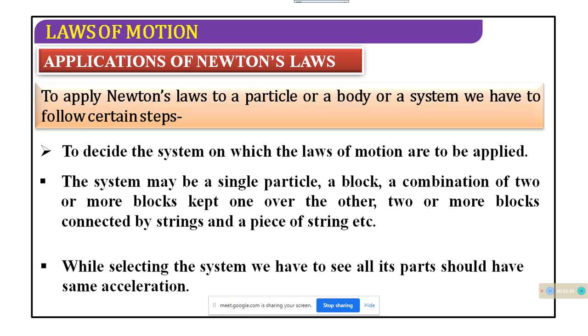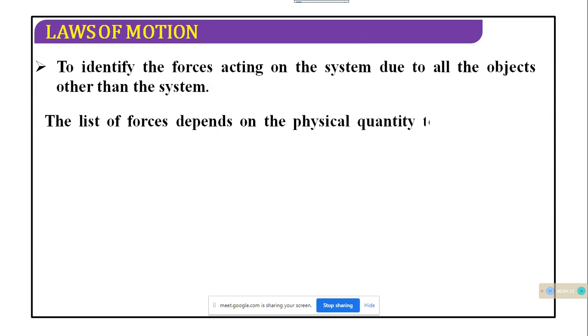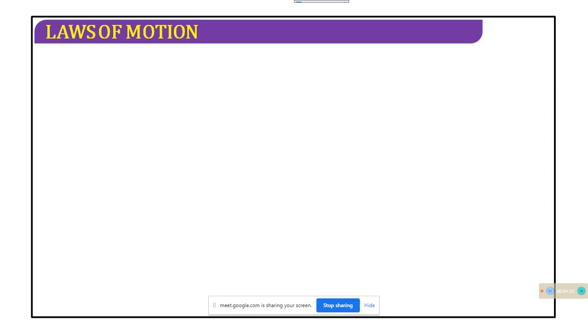This is the procedure for solving some numericals. You have to take all the connected bodies if they move with the same acceleration. Third, identify the forces acting on the system due to all objects other than the system. This list of forces depends on the physical quantities to be determined. Internal forces of the system are not to be included in the list of forces.